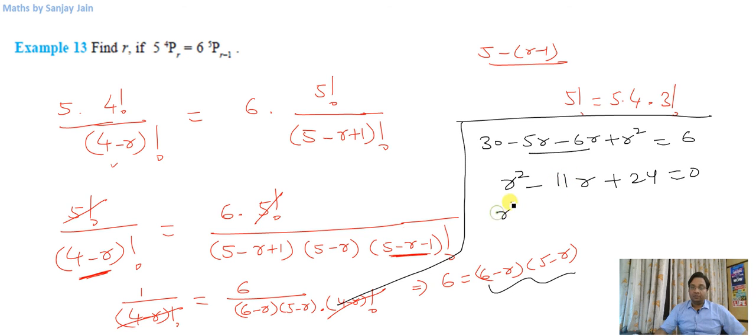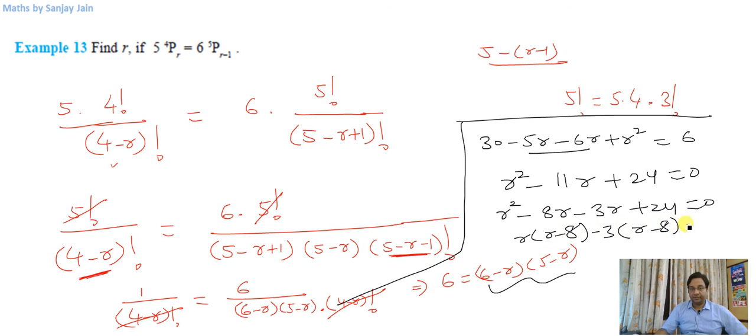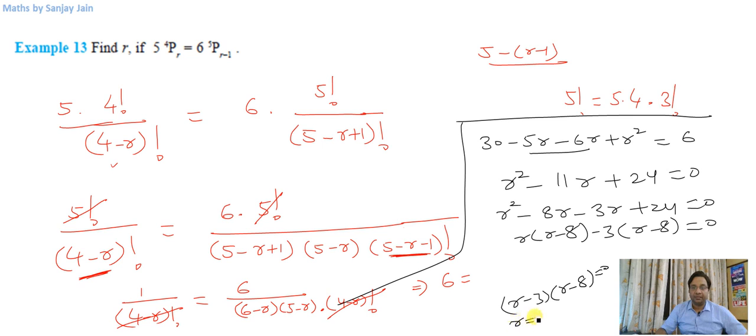So how will be the factorization? 8r and 3r, and if you notice, it can be written as r into r minus 8 minus 3 into r minus 8 equal to 0. So I hope the factorization is correct, r minus 3 into r minus 8 equals 0. So r can be either 3 or 8.